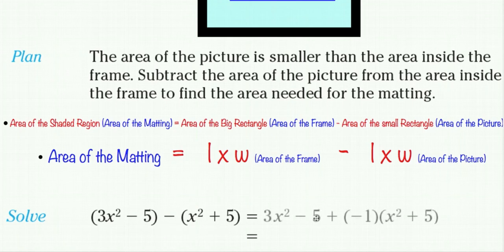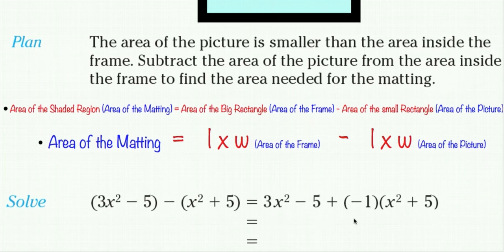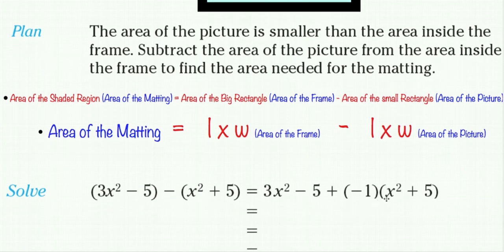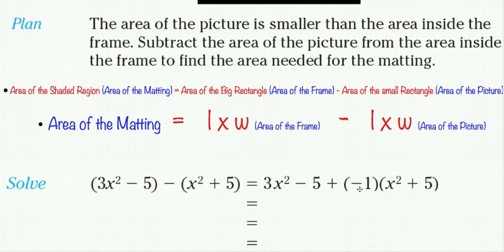And from what we learned, we simply add its additive inverse: negative 1 times x squared plus 5. We distribute negative 1 to x squared plus 5. We end up with 3x squared minus 5 plus negative x squared minus 5.